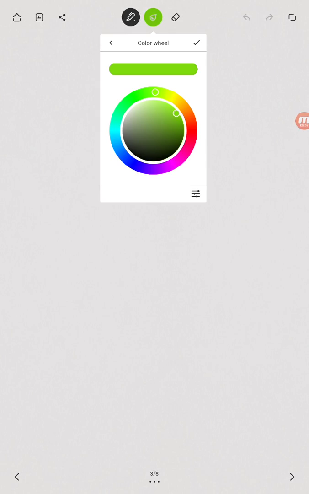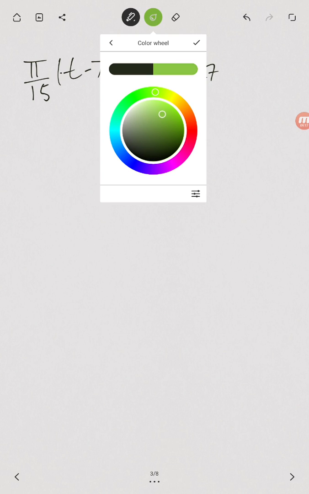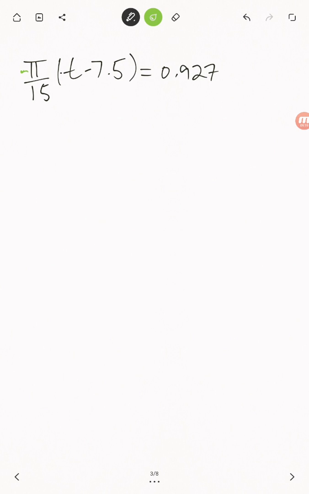Let me go back to my black color. So I have pi over 15 times t minus 7.5 equals 0.927. And I'm going to multiply both sides, hopefully you can see this, by 15, no, this is not coming out clear, just one second, let me do it this way.